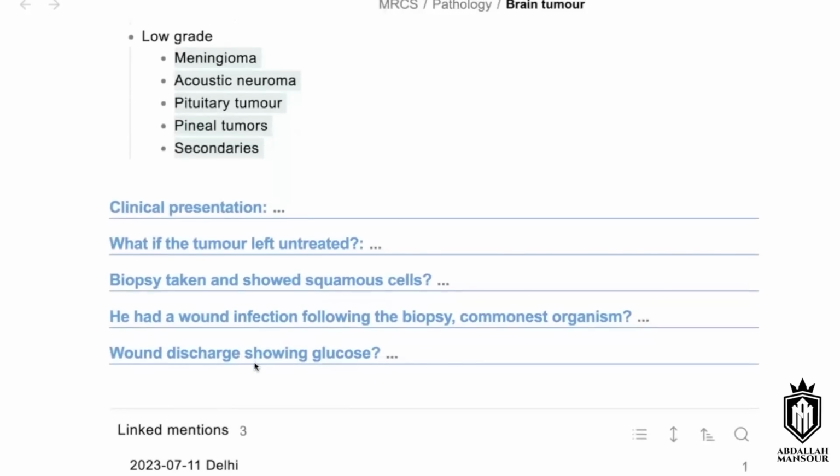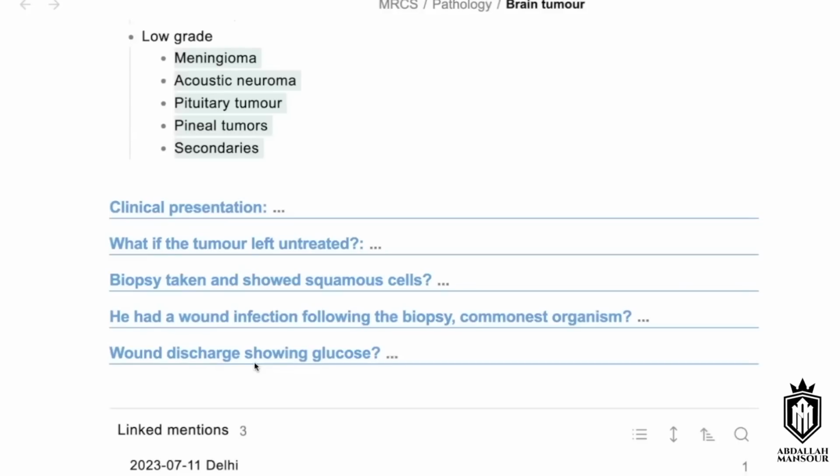What's the clinical presentation of brain tumors? Usually it depends on the rate of growth of the tumor. In most circumstances, they will present with a space-occupying lesion and also signs of raised intracranial pressure.